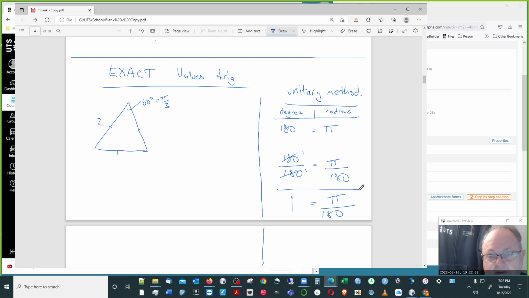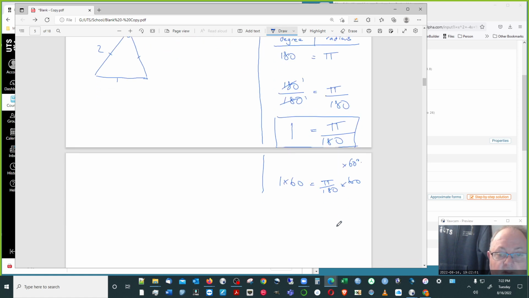So that's the part that says, okay, so if I've got 1 degree, how do I get 60 degrees? Well, you just multiply by 60 both sides. You take your unitary equivalent and you multiply by 60. So that will cancel.